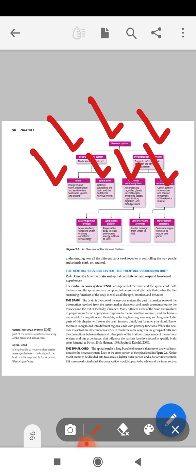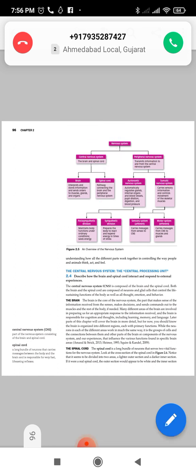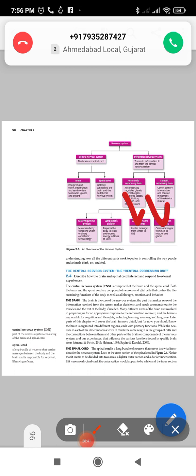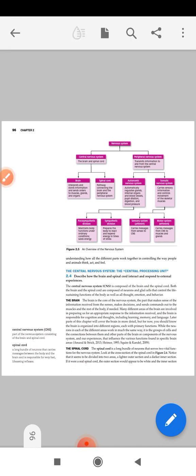The autonomic nervous system is divided into two parts: the parasympathetic division and the sympathetic division. And the somatic nervous system is also divided into two parts: sensory system and motor system. We will study about it in our next class, so let's stop this class right here.